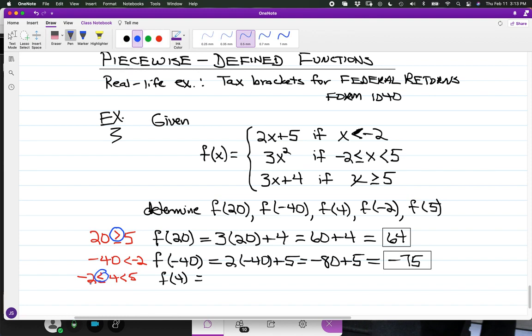Negative 2 is less than 4, which in turn is less than 5. And so we're going to apply the 3x squared treatment. And 4 squared is 16, and 3 times 16 is going to be 48.